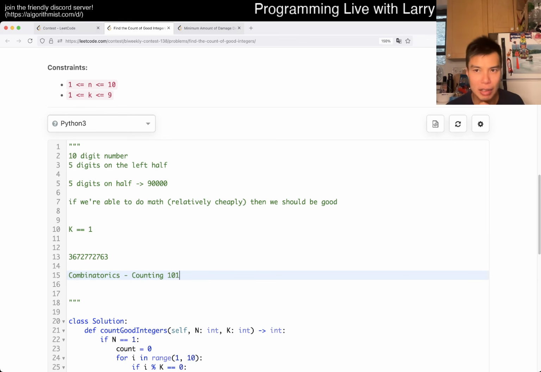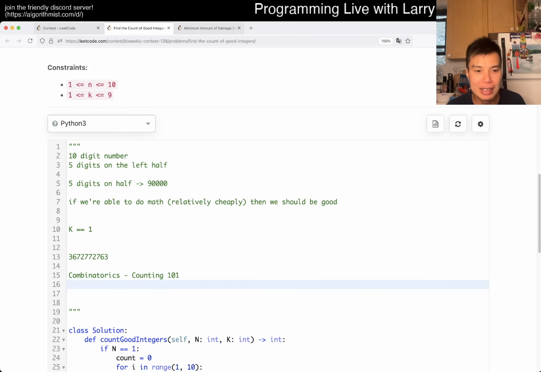Maybe someday I'll do a video on it, but this is entry-level combinatorics, and that's the prerequisite for this problem. I don't know that you need to know it for interviews, honestly, but if you don't know it, you're not going to solve this problem. That's just the way it is.